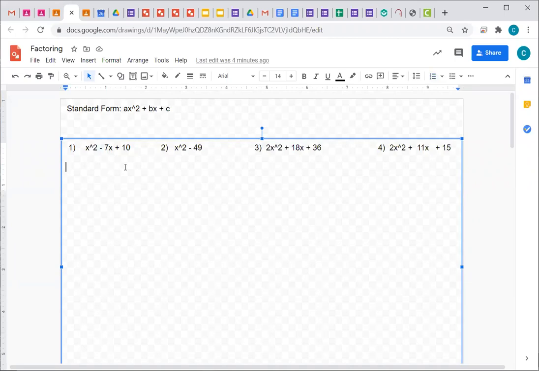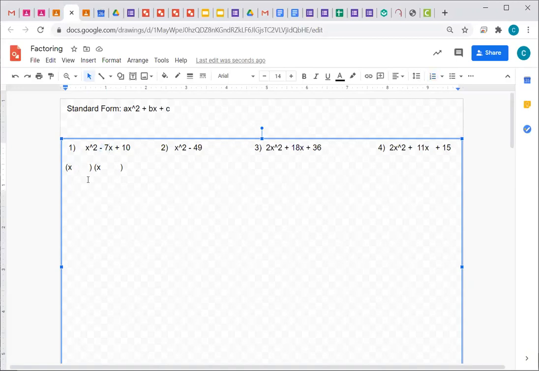Okay, so when I do it is I just put the x's first, like this. I put my parentheses, then I say, okay, the first two parts of the factors will be x and x, and I think, okay, well, let's see, 10, how do we get 10? 2 times 5 is 10. And I look here, well, -5 plus -2 is -7.